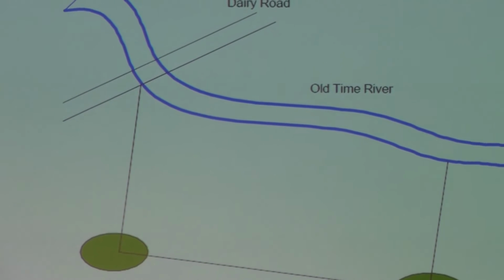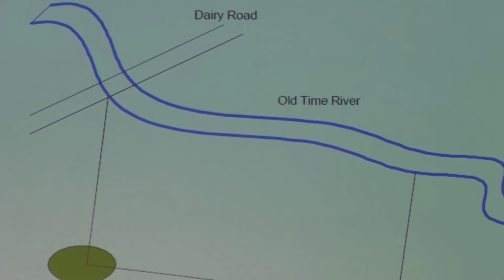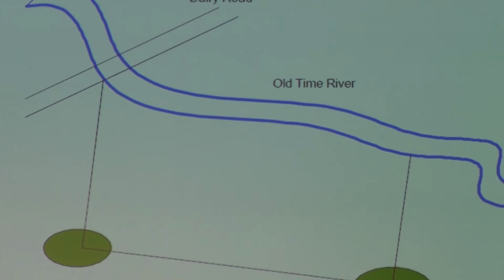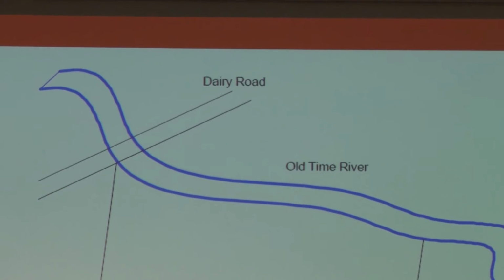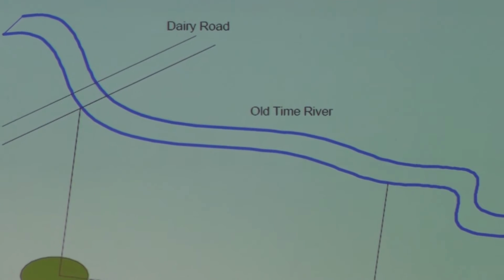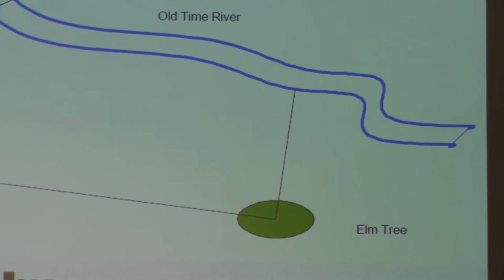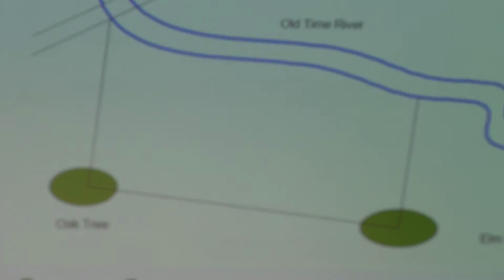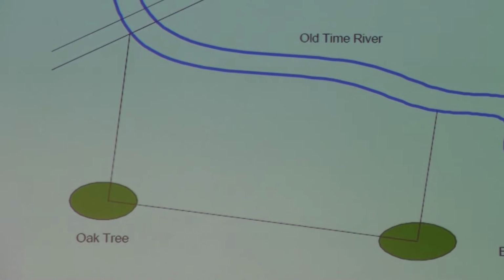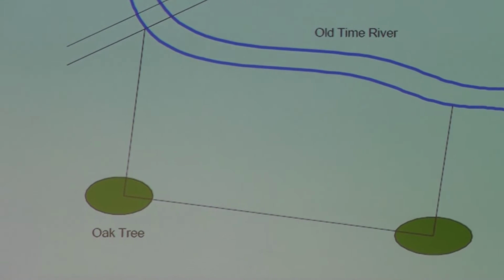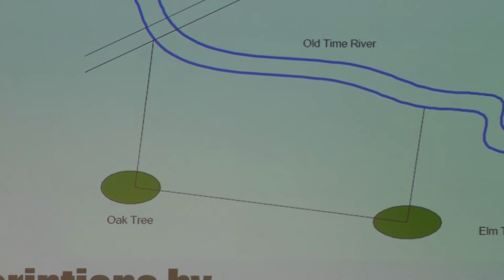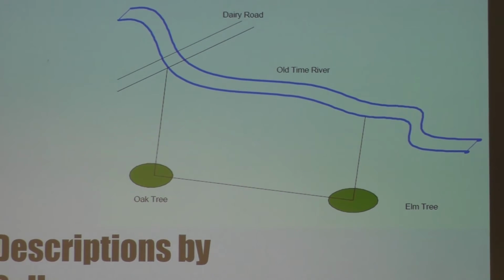Why? The river moves, the road changes, the trees get cut down, and where does all this go? Well, you have to understand, and this is another example of the fact that as time passes, they had to do surveys. When they tried to sell this property, the new buyer would come in and they'd say, well, where's the oak tree?